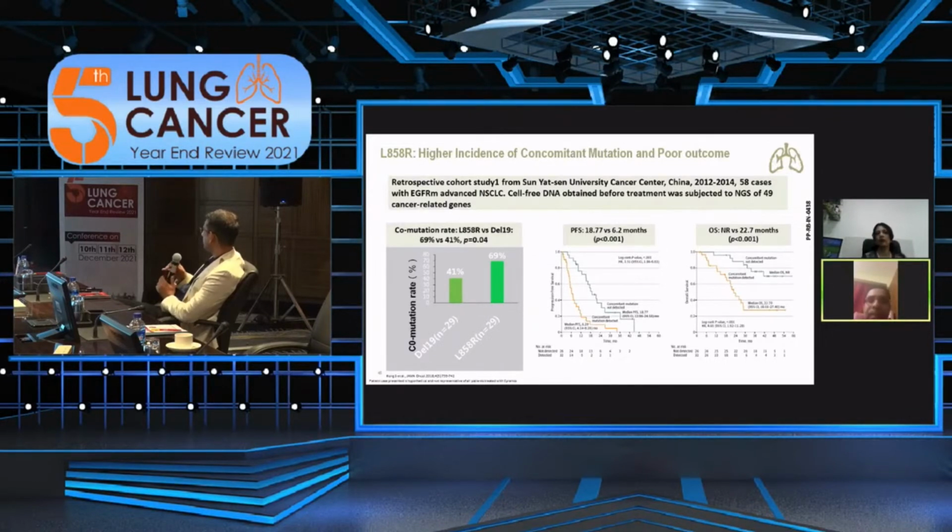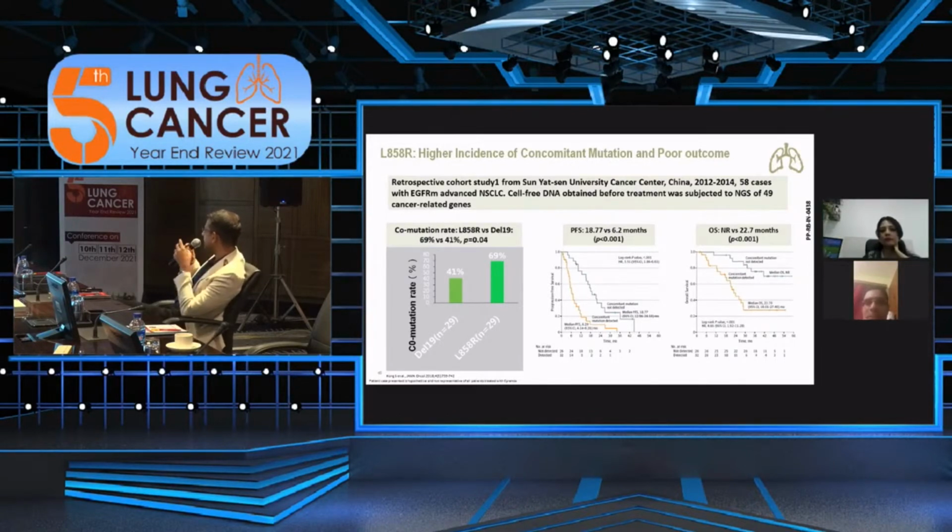So, yeah. Great. Ashish, can you take this? Have you seen in your clinical practice that the co-mutation rates are higher for the L858R, or is this a once-removed observation from this particular retrospective data? Yes, ma'am.